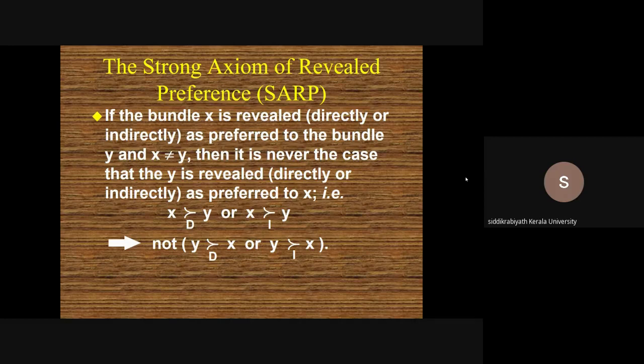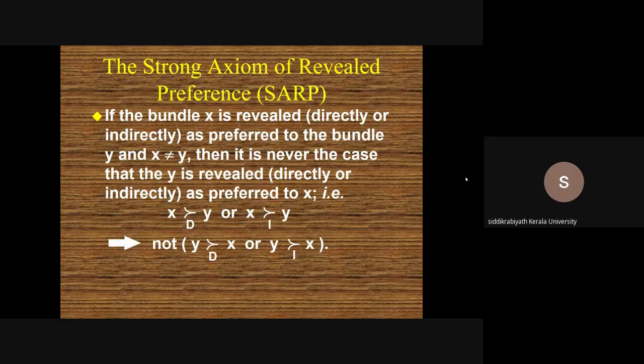So this is why the strong axiom of revealed preference was introduced. Let's define it in the following way. If the bundle x is revealed directly or indirectly as preferred to the bundle y, and y is not equal to x, then it is never the case that y is revealed directly or indirectly as preferred to x.